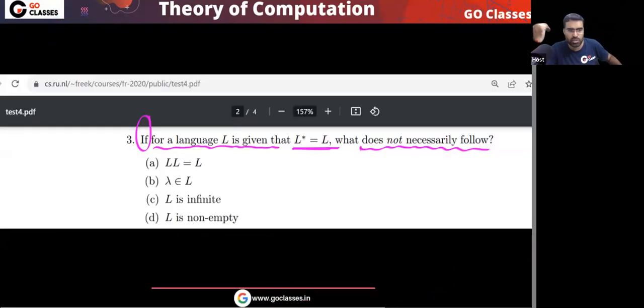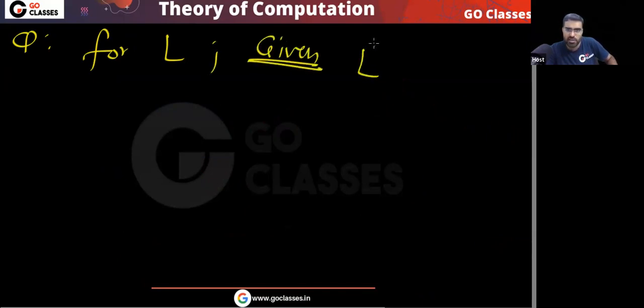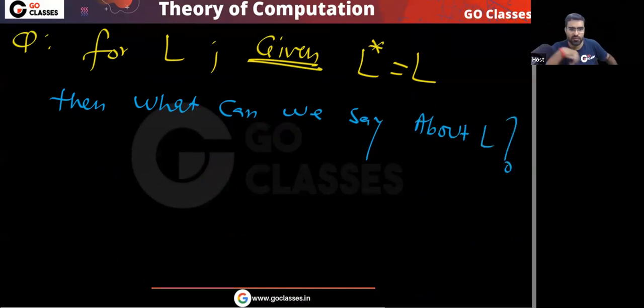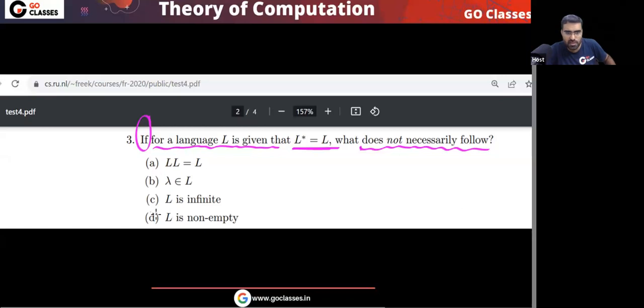This question is saying that for L, it is already given that L star is equal to L. Then what can we say about L? The first option, C. Then what can we say about L?